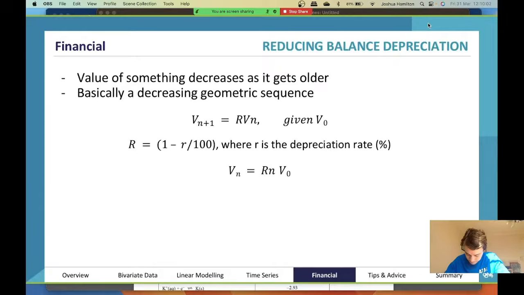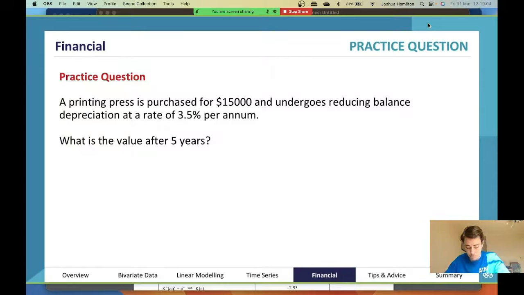So let's go through an example. A printing press, so again, we talked about a printer before, is purchased for $15,000 and undergoes reducing balance depreciation at a rate of 3.5% per annum. What is the value after 5 years? So, how are we going to go about this? We first need to find out the R value.